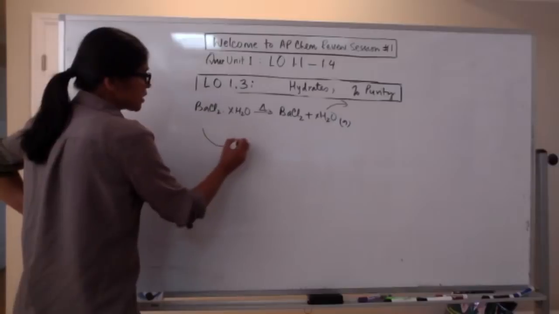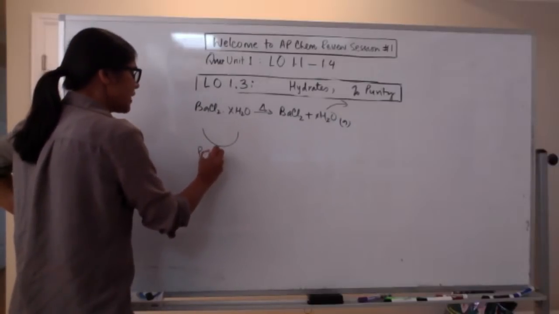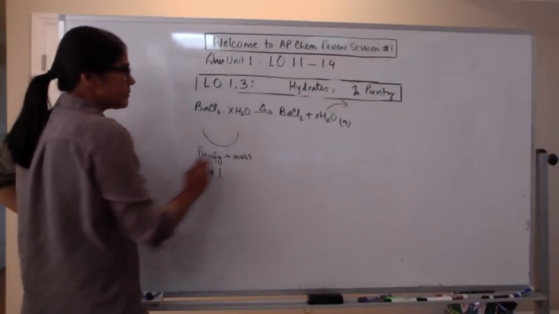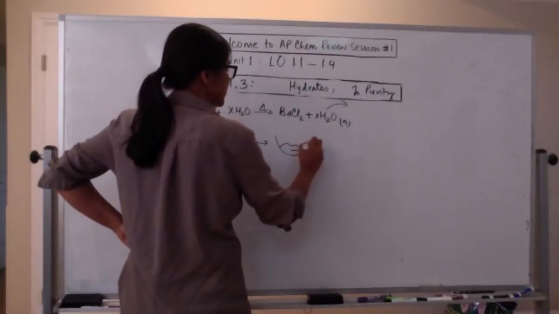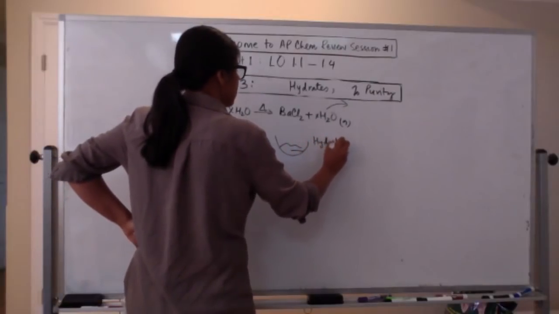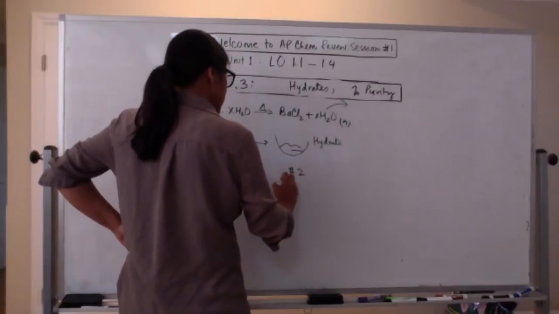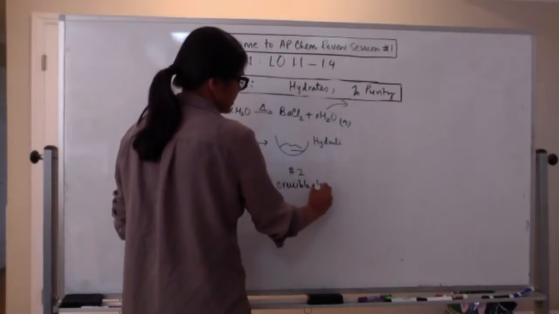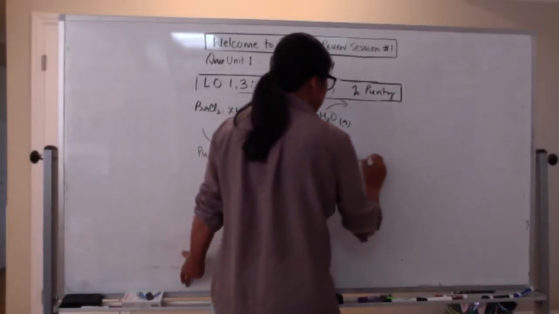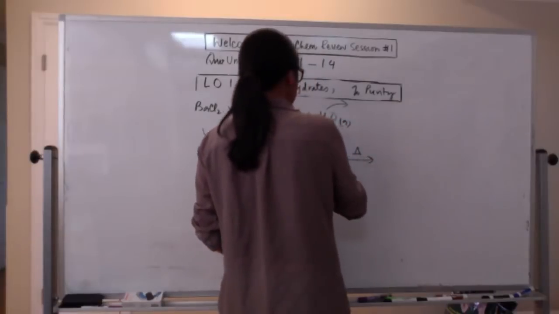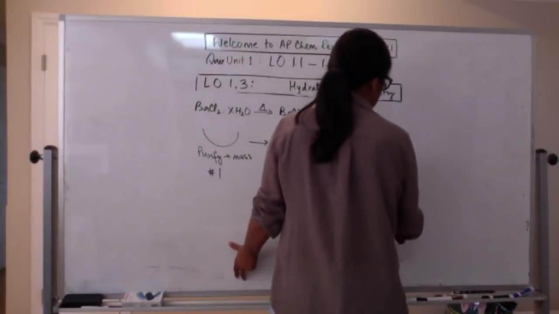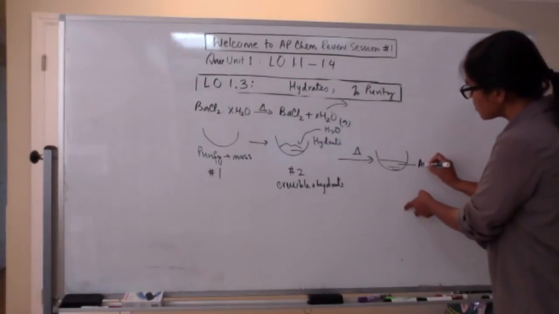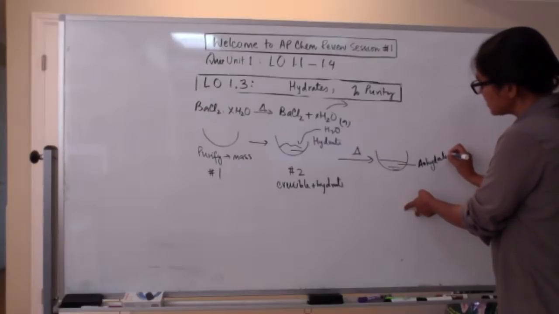For doing that, you take a crucible, you first purify and mass. This is your first data. Then you put a hydrate in it, and this is your second data. This is crucible plus hydrate. And then you heat it up, and when you heat it up, water will escape, and you won't be able to see a difference. It will look exactly alike, but now what you have is anhydrate, and the water has gone out.